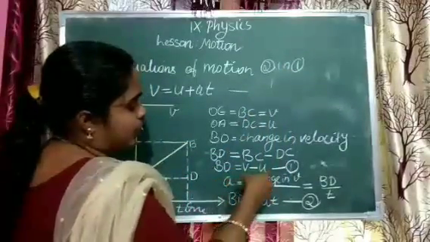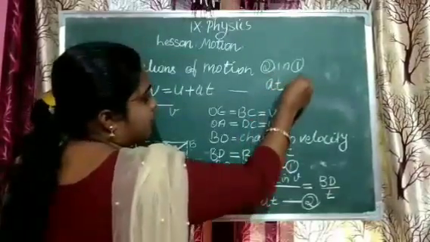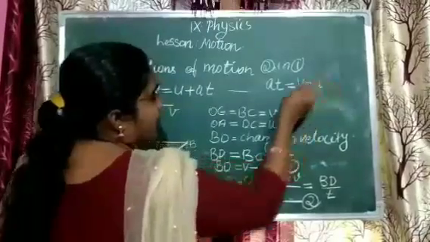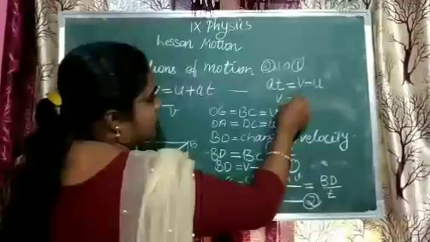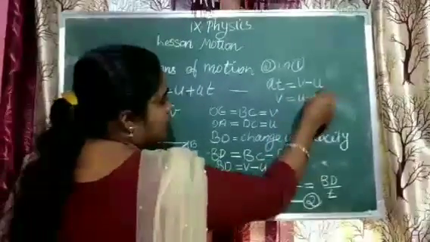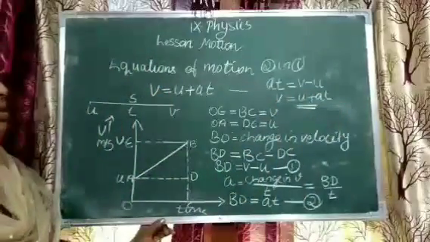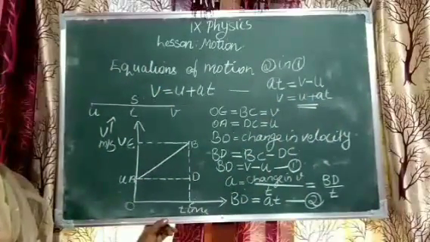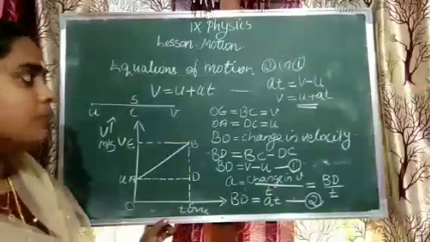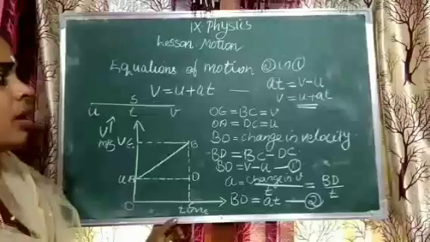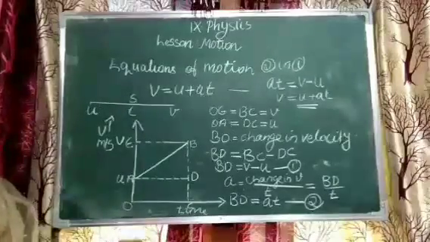BD is equal to V minus U, so AT is equal to V minus U, and we can rearrange the equation: V is equal to U plus AT. So we derived the first equation, the velocity-time relation, V is equal to U plus AT.